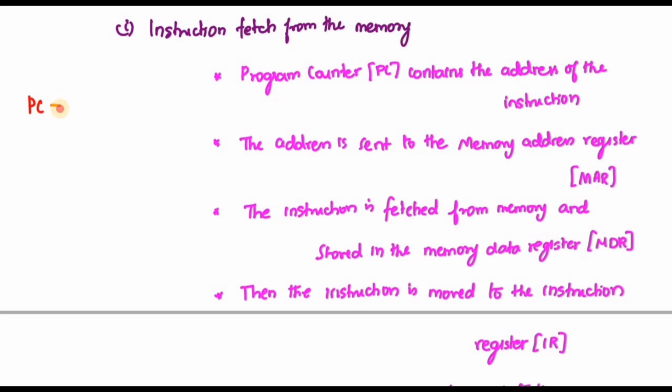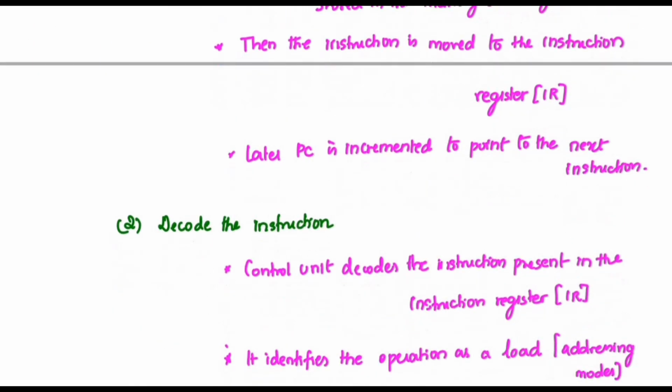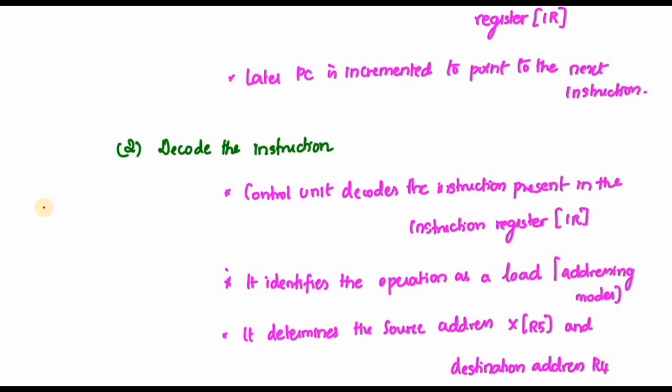First, from the PC, the address is loaded into the MAR. Then the instruction is fetched from the memory and stored in the MDR. Then the instruction is moved to the instruction register. In the second step, the control unit decodes the instruction present in the instruction register to identify the addressing mode, source address and destination address.